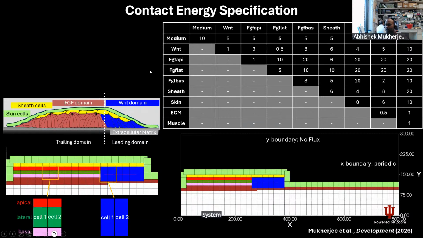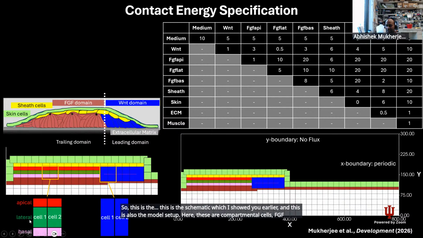So this is the schematic which I showed you earlier, and this is also the model setup. Here these are compartmental cells, FGF cells, with the apical, lateral, and basal domains. And here you see a cartoon of two cells side by side. And here you see the more unpolarized cells in the Wnt domain side by side.